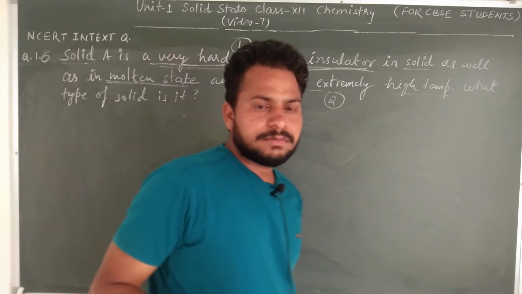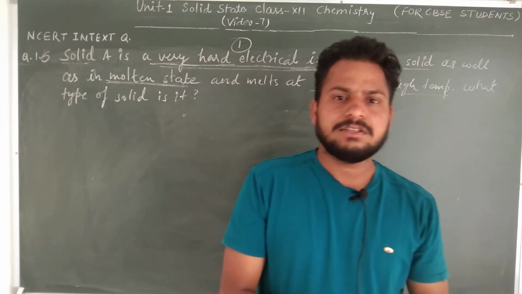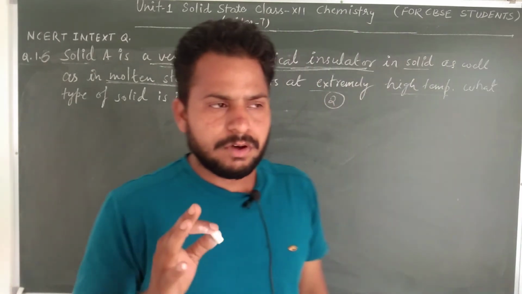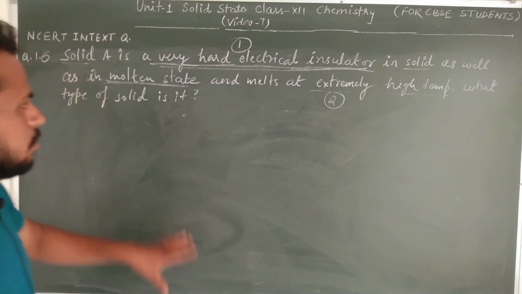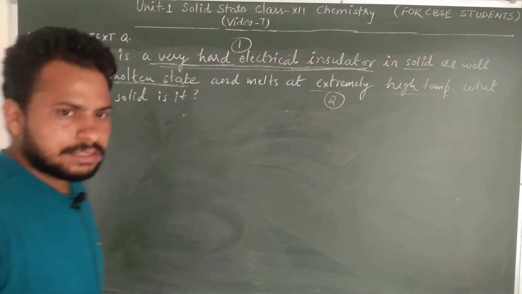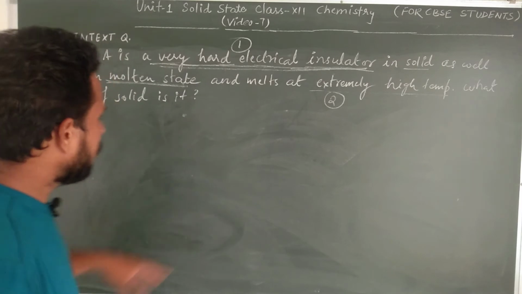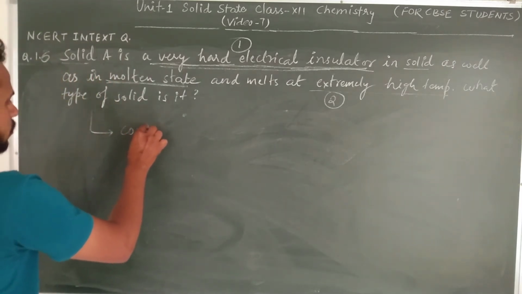If we remember a type of crystalline solids, that is covalent solids, one of the important solids. These two properties we discussed in the previous video lecture. These two properties match in covalent solids.